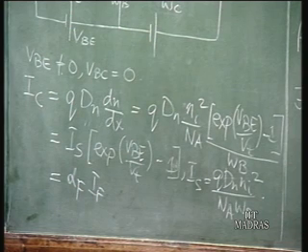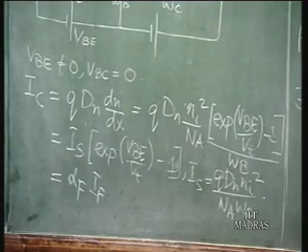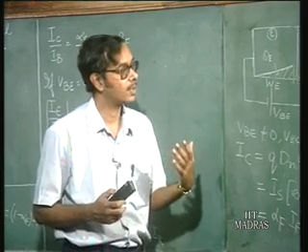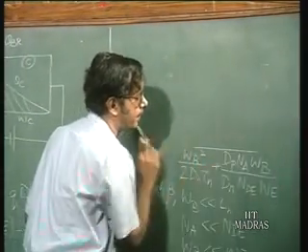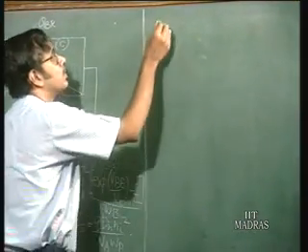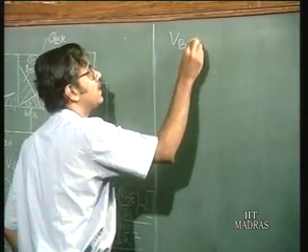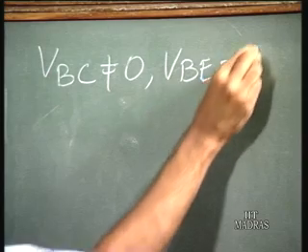Now, suppose we have the other condition, that is VBC is not equal to 0 and VBE is equal to 0.